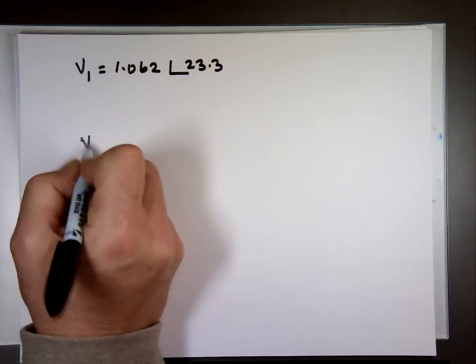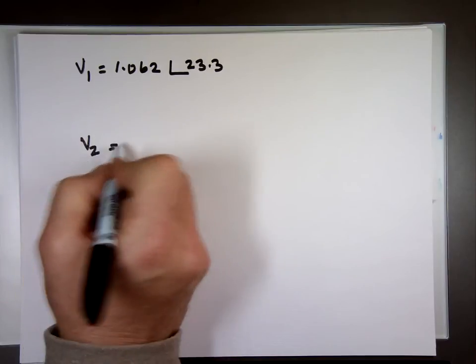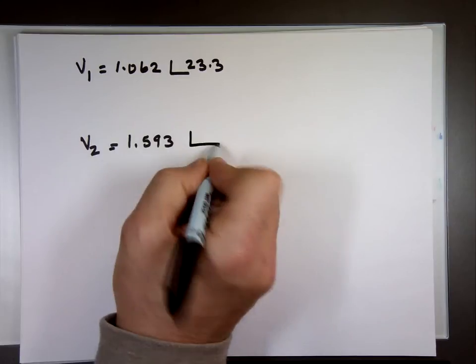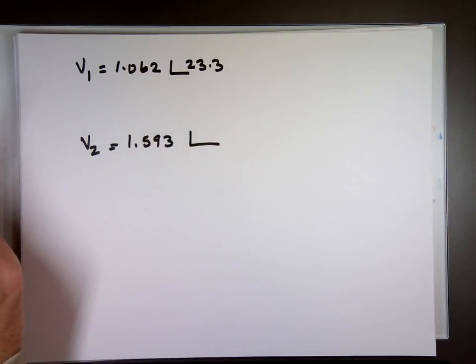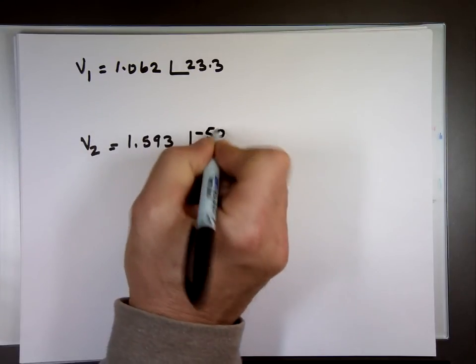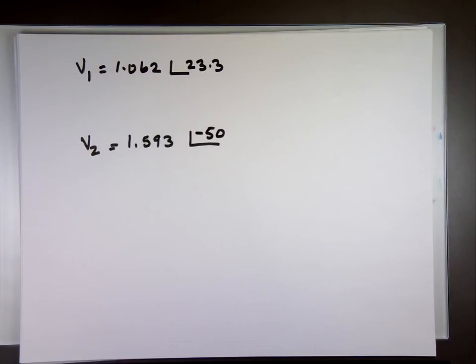I left a space there so I could convert that to the time domain, but actually I can't, because the problem was given to us in phasor form. 1.062, angle 23.3, and 1.593, angle negative 50, on the money.